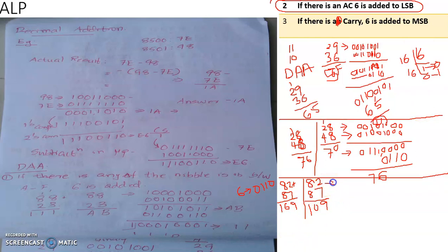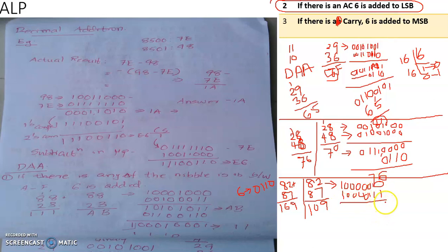Now, how exactly is this being performed? 82 is 1000 0010 and 87 is 1000 0111.